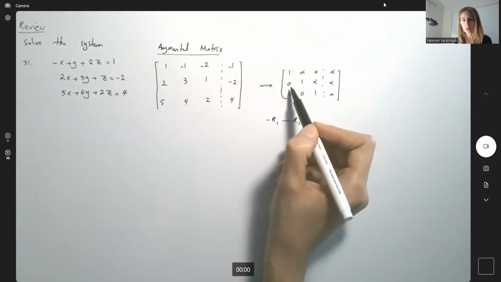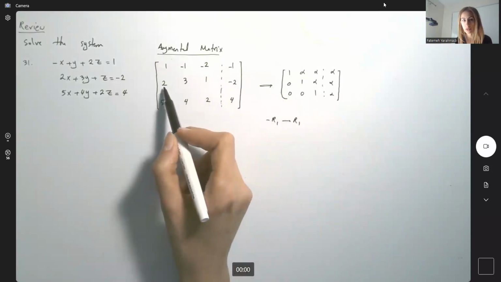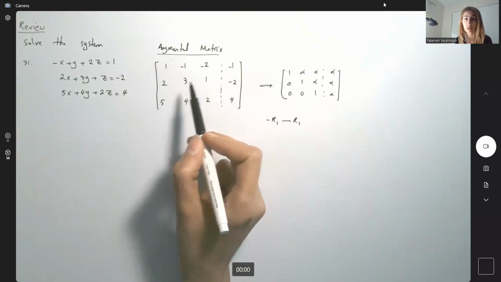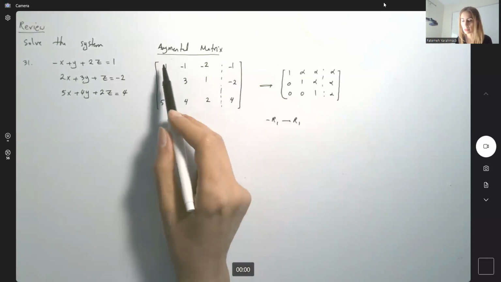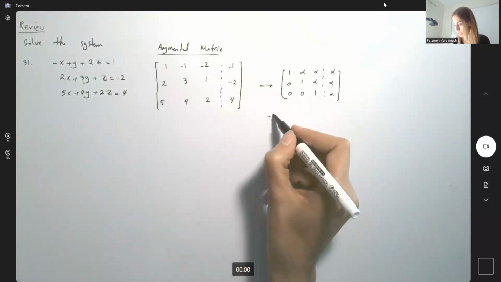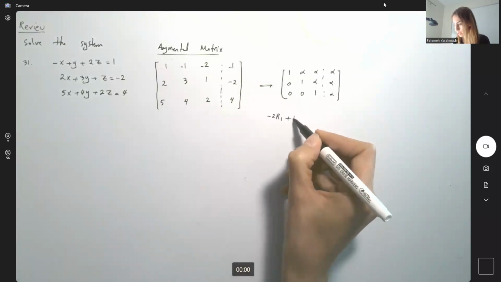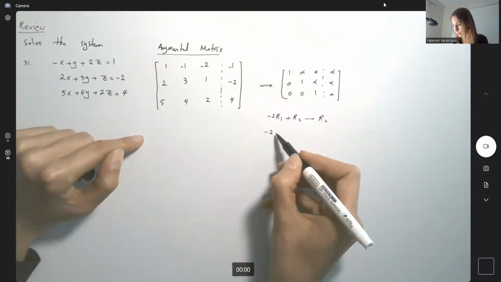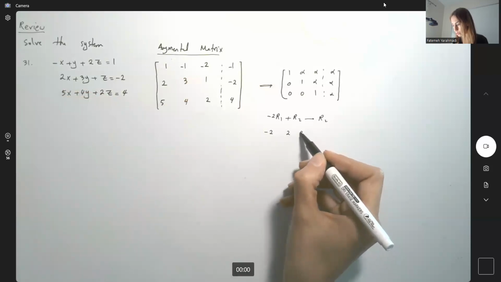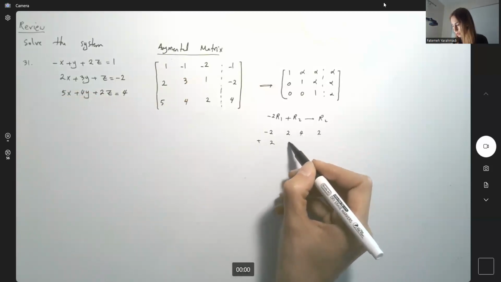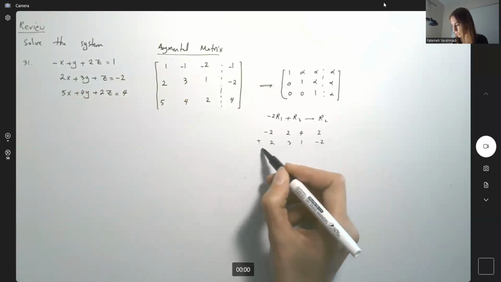To make the second row's first entry 0, we're going to multiply the first row by -2 and add it to the second row, and we're going to multiply by -5 and add it to the last row. So -2 times R1 plus R2 is going to be your new R2. So you're going to have -2, 2, 4, and 2, which we add to 2, 3, 1, and -2.